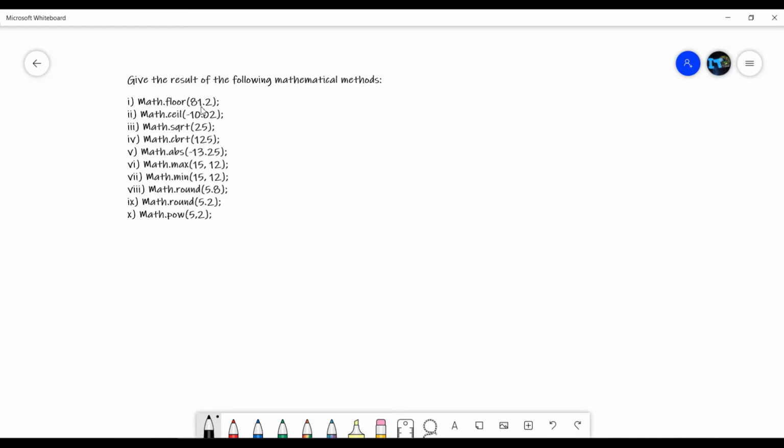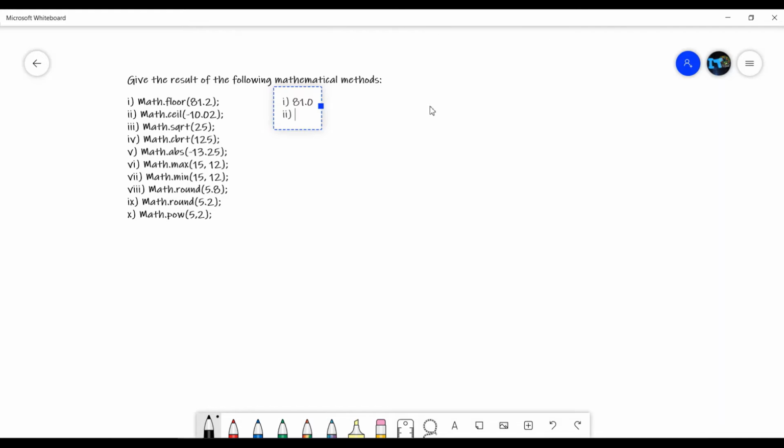The floor method returns the rounded value, and it rounds down, not up. So for 81.2, rounded down means the nearest lower integer, which is 81.0. So for the first bit, your output is 81.0.